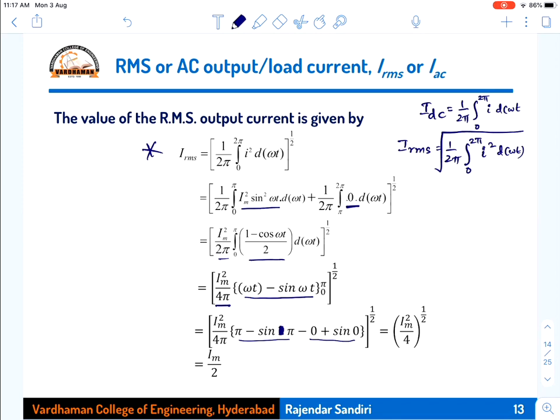Sine pi and sine 0 are 0, so pi remains. Pi and pi cancel here, and it becomes Im square by 4 whole power of 1 by 2.